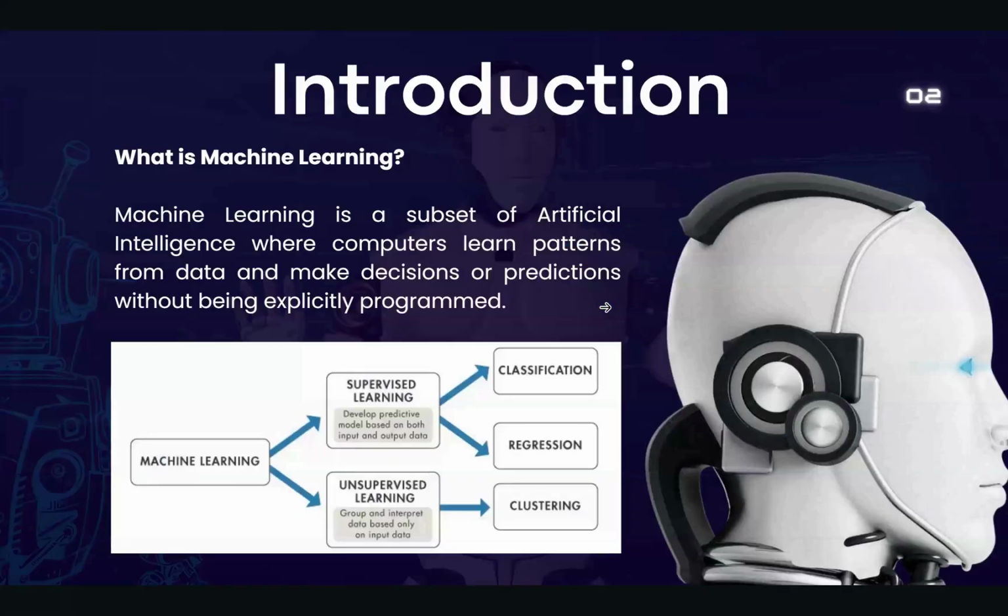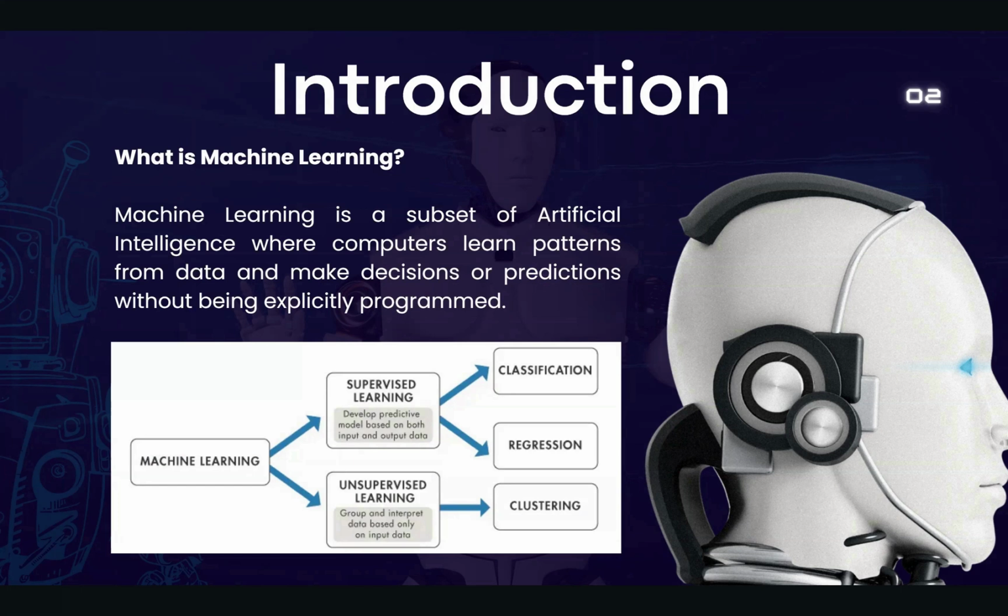So what is machine learning? This is a basic question which is important to understand the whole session. Machine learning is a subset of artificial intelligence where computers learn the patterns from the data which we give and make decisions or predictions without explicit programming. Machine learning is classified into two types, supervised learning and unsupervised learning.